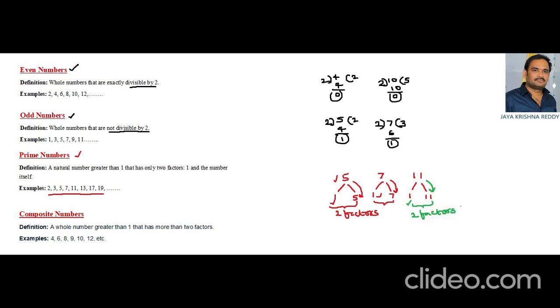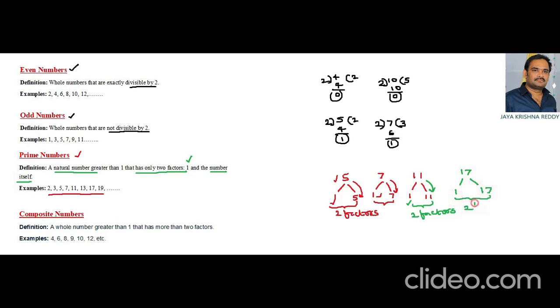So how can you define a prime number now? A prime number is a natural number which has only two factors, the first one is 1 and the second is the number itself. Suppose you take 17, it is divisible by 1 and the number itself, 17.